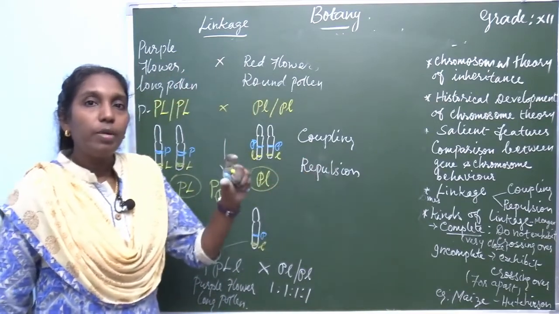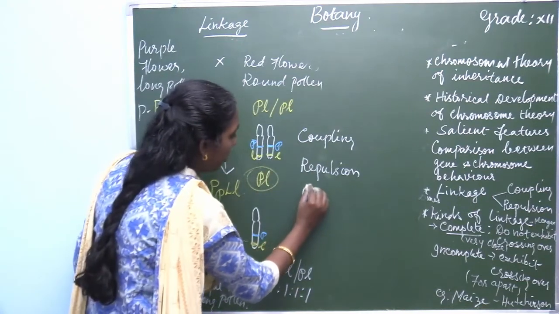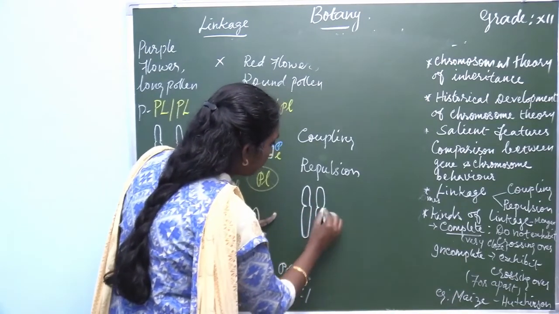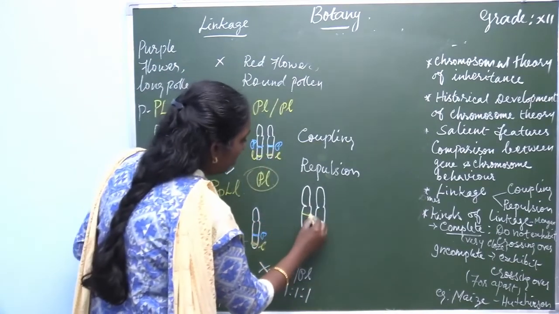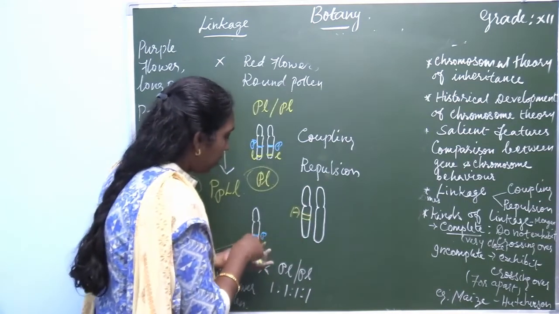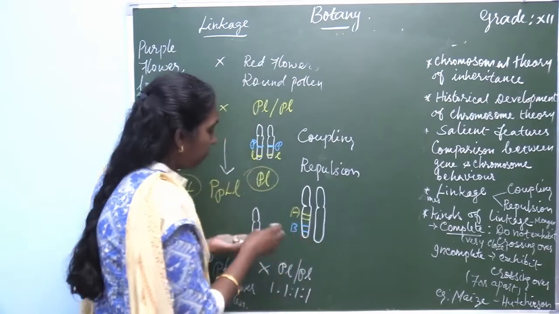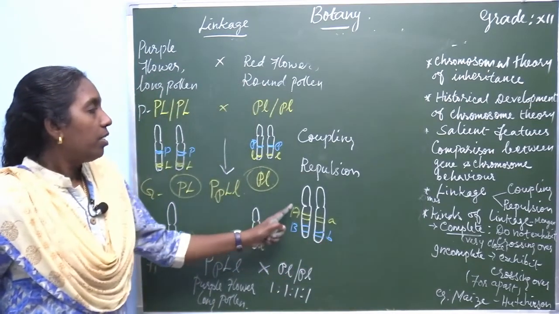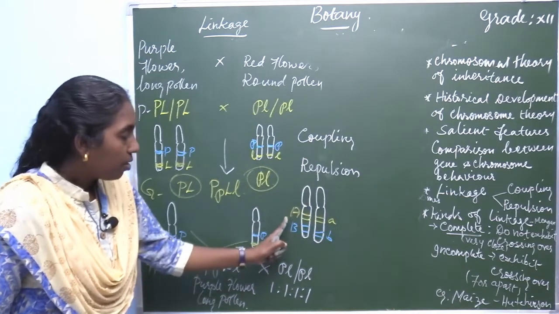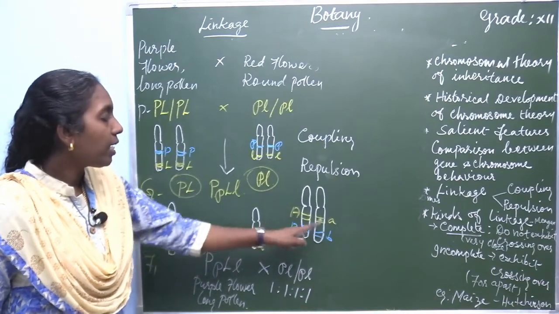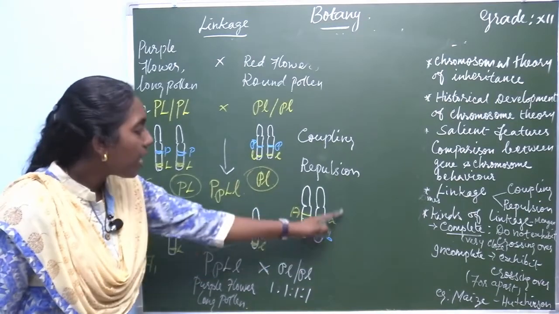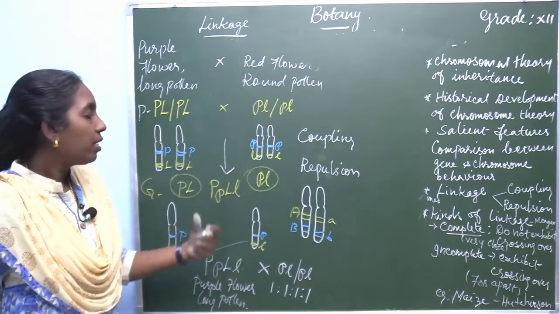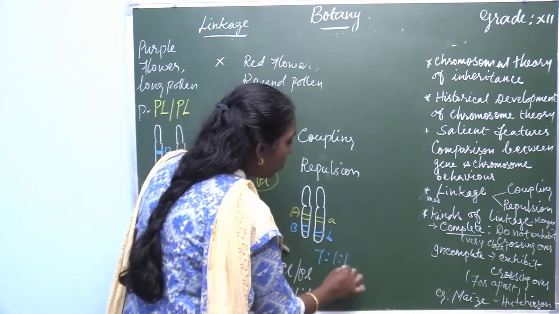In coupling, here there is a chromosome, a homologous chromosome, where the dominant genes, either capital A and capital B, or small a, small b, are arranged. In coupling, if the dominant and recessive genes are arranged in the same homologous chromosomes, they tend to be inherited together and give the ratio 7:1:1:7.